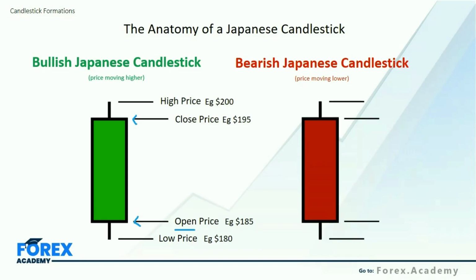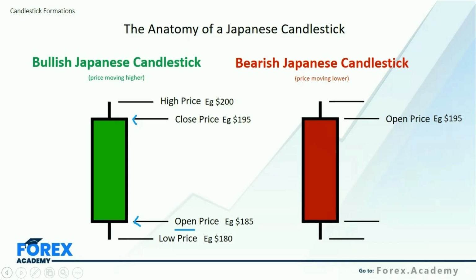So what we will see now very shortly is the same four price points, however in reverse. So we're going to start, as we always do, with an open price. So this particular market having broken to the upside and closing at $195 now looks like it's beginning to reverse, because once you get a close price on one particular candle, the next candlestick will open with that same price.